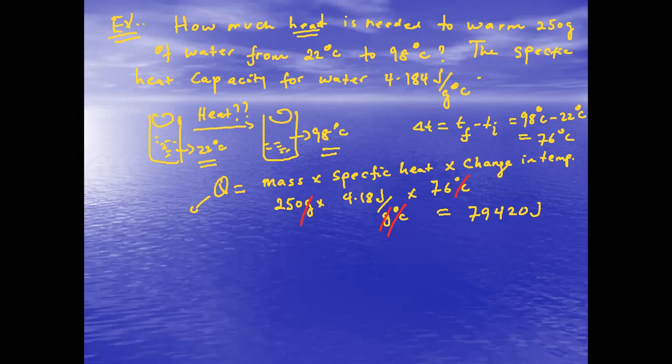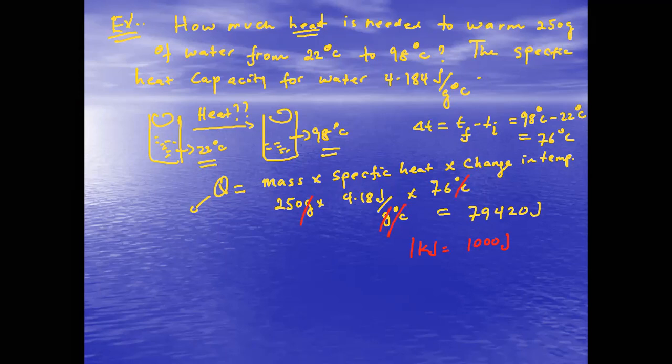So, 1 kilojoule equals 1,000 joules. Kilo refers to 1,000. It's common practice that energies have big values, so they have to be converted into kilojoules.